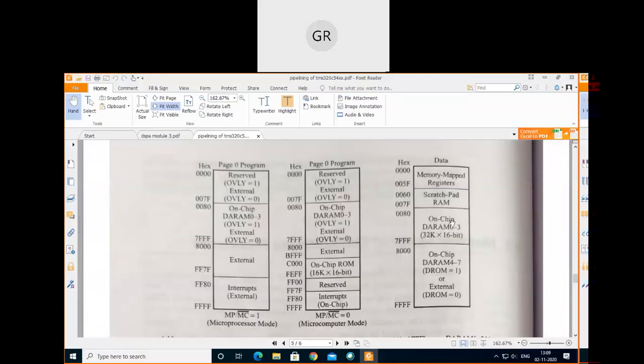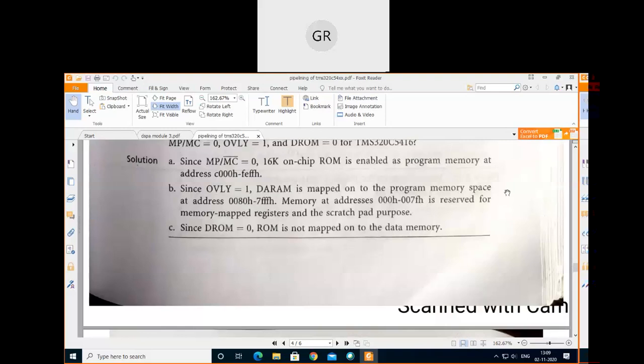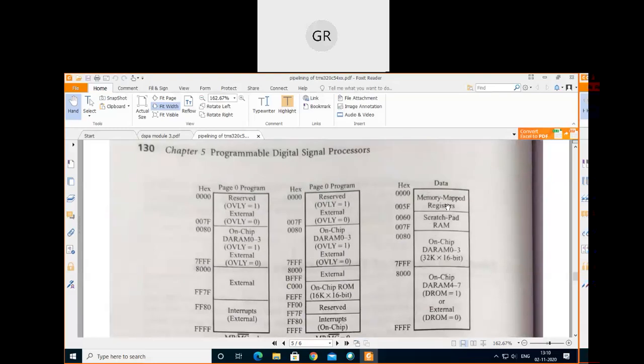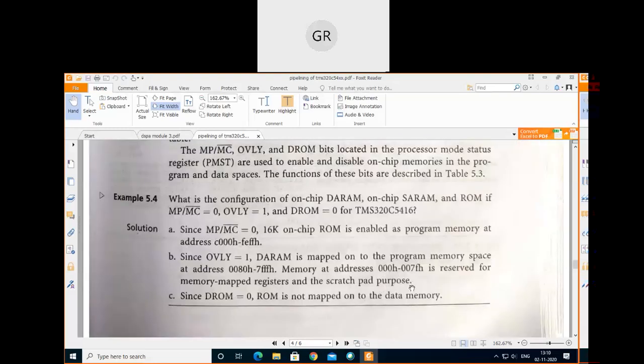Here it is on-chip DRAM, 0080H to 7FFFH; it can be mapped onto program memory space. DRAM is in data space. The address 0000H to 007FH in the data memory is for memory map registers and scratchpad RAM.